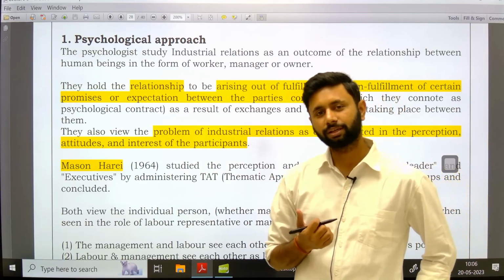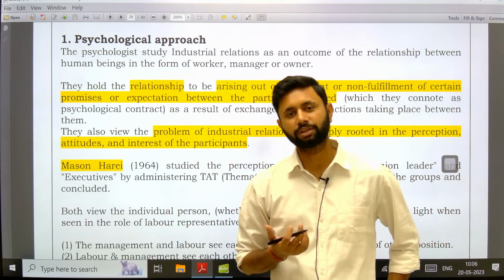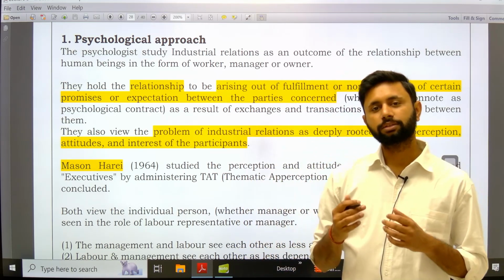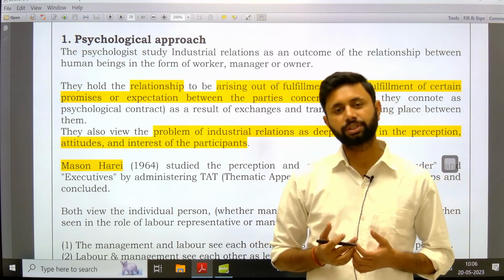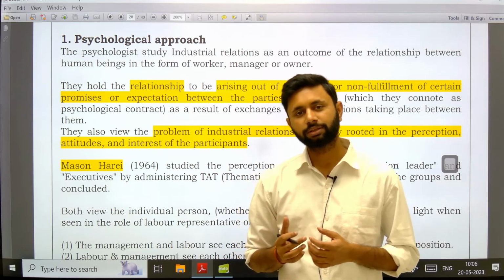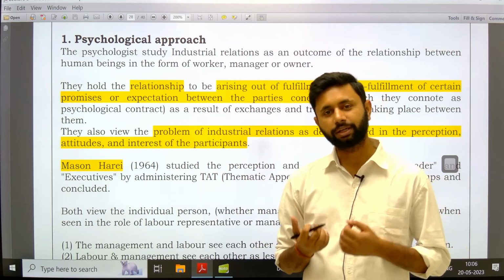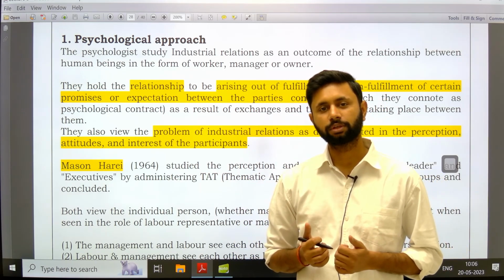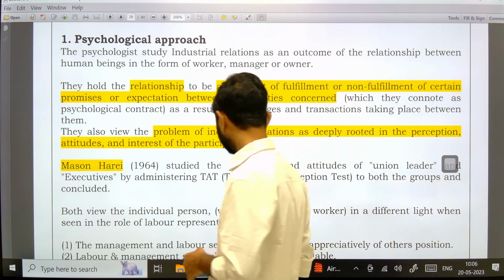The basic understanding of the psychological approach is that it talks about the relationship between stakeholders that arises out of expectations between them. What do we mean by that? Let's understand.